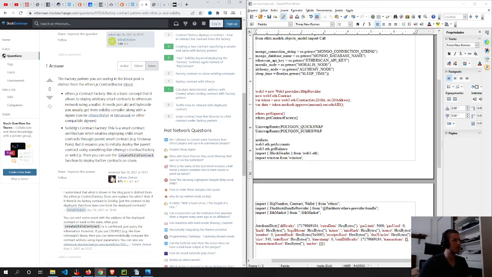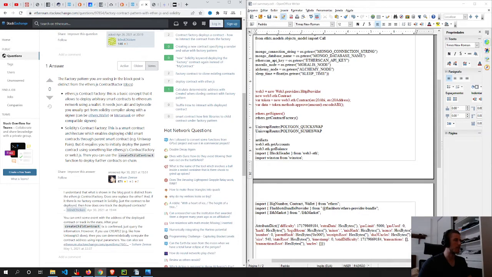Yeah, so the Solidity contract factory is pretty much a template, a contract that serves as a template to create other contracts, like a parent class. Not sure if it works the same way or is the same design pattern as an abstract class, or if it doesn't make that much sense to make that analogy.